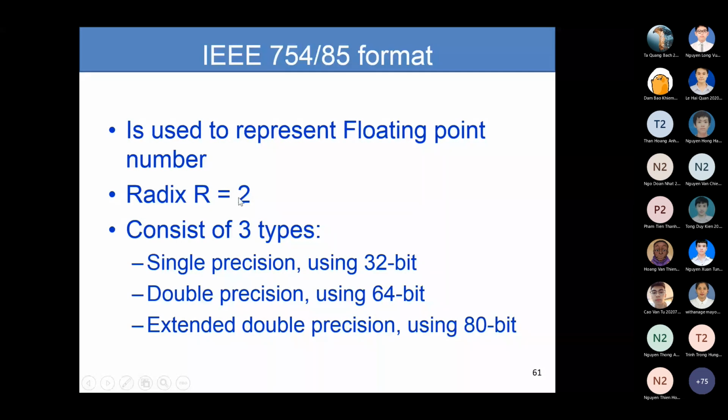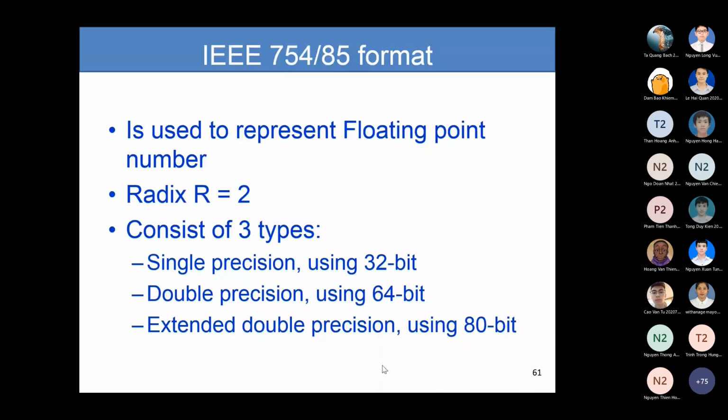And there are 3 kinds of standard. The first one, we use 32 bits to represent a real number. So we say single precision. In Vietnamese, it is độ chính xác đơn. The second standard uses 64 bits to represent a real number.